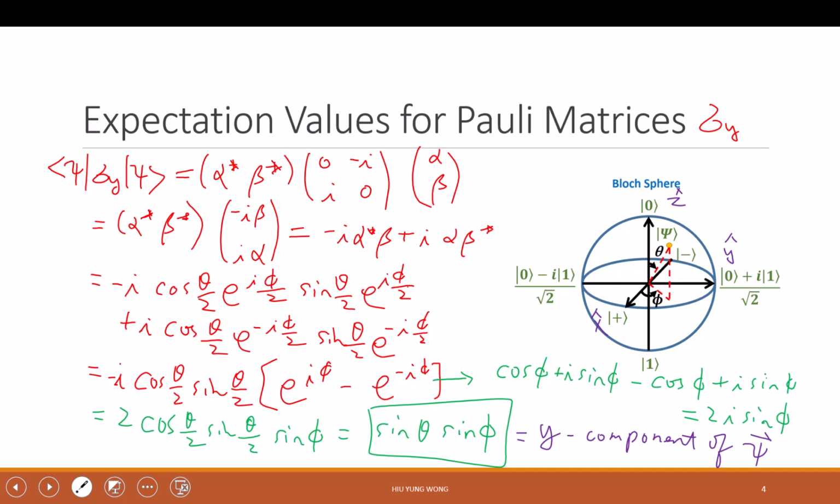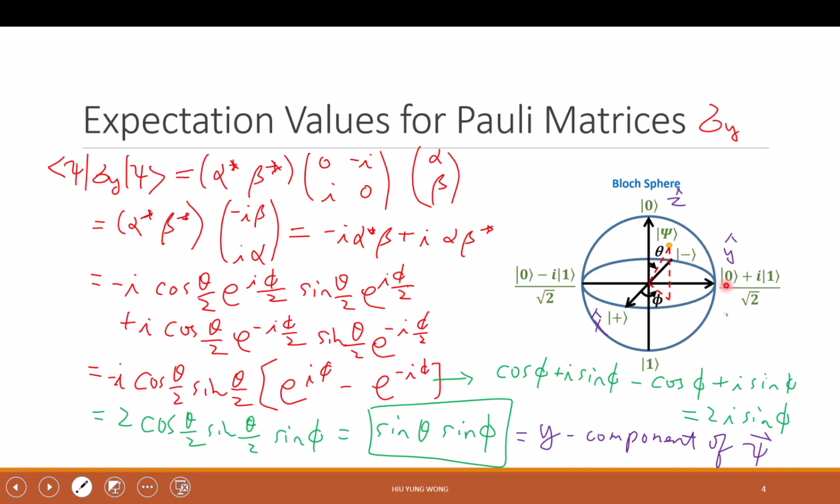And from here we can also see that we already know that sigma z, in the spin magnetic field case, corresponds to having a magnetic field in the z direction, or to measuring the spin in the z direction, spin up or spin down. Sigma x corresponds to measuring the spin in the plus or minus direction.